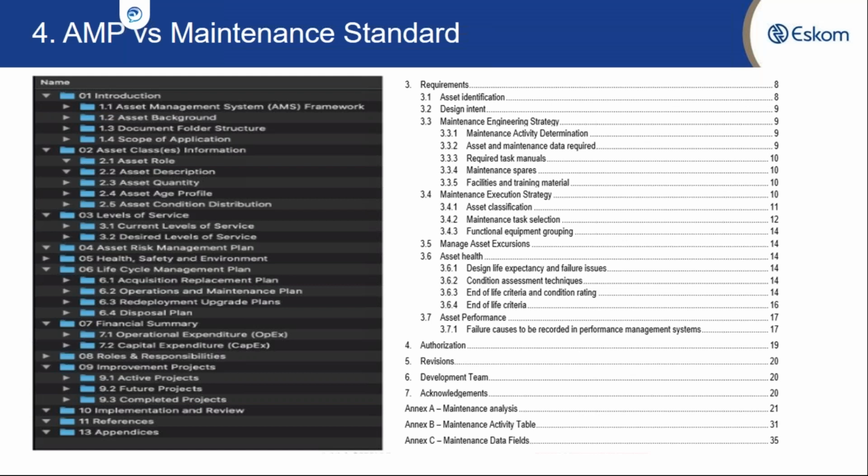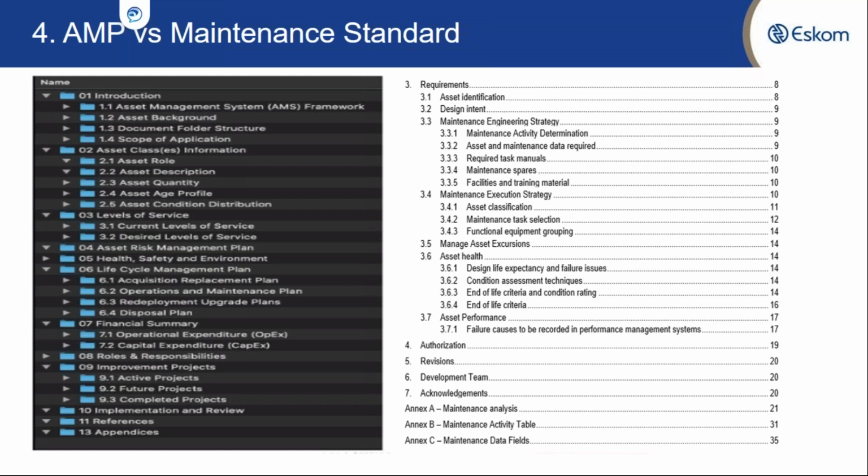So firstly, the similarity is that these documents are identifying the activities that need to be done on assets. So they both speak to activities that need to be done for assets or on assets.